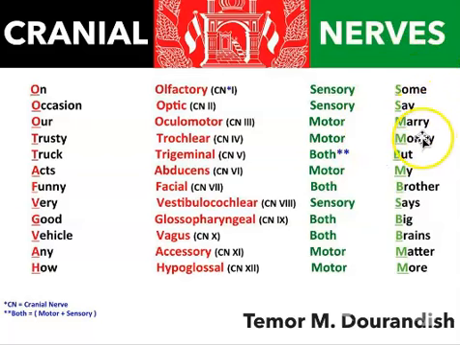Some say marry money, but my brother says big brains matter more. And for this device, what you do is you take the first letter and you use it to mean either S for sensory, M for motor, or B for both or mixed.